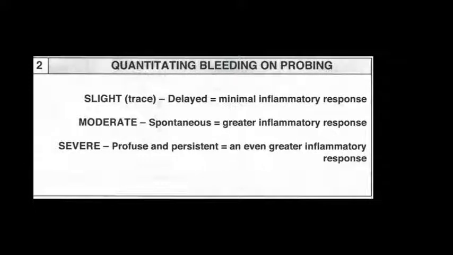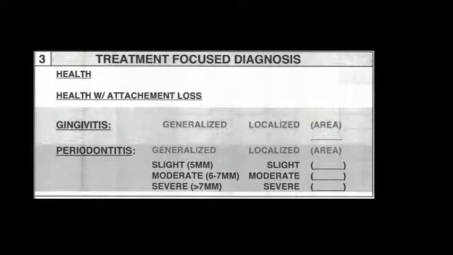Severe would be as soon as you touch the tissue, it begins to bleed and bleeds profusely, and it may be even somewhat difficult to stop. So this is the way that we quantitatively determine bleeding on probing, and that is the next step. And so when the attending comes over, you need to explain exactly what this is.